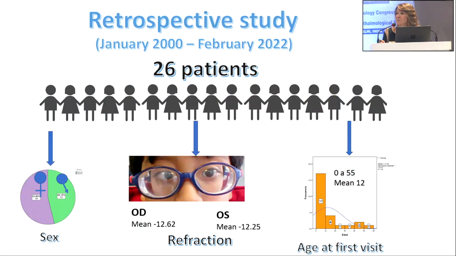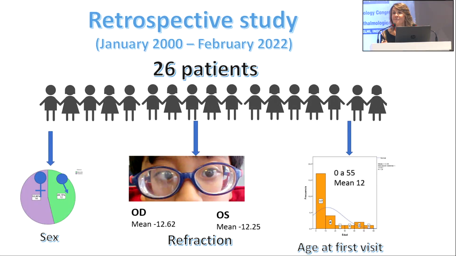This was a retrospective study done between the year 2000 and 2022, where we only found 26 patients with esotropia and high myopia, with this mean refraction almost equally in sex, and most of them were children.